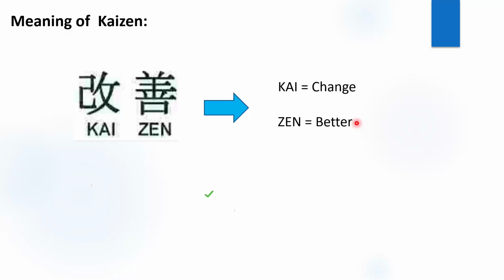So we can take both meanings of Kaizen. Kaizen is a physical change, a change for better, a small incremental change. Zen means better, Kai means change. So we can say that Kaizen is change for better, अच्छे के लिए बदलाव. Or we can say Kaizen is a change in our attitude, a change in our thinking, improvement in self. Some Japanese people say Kaizen is nothing else but improvement in self.